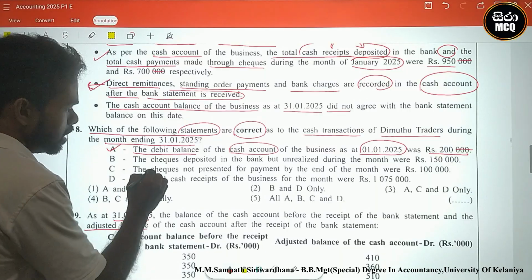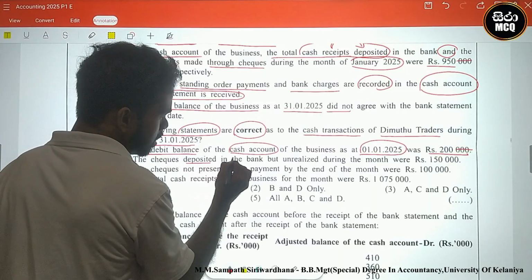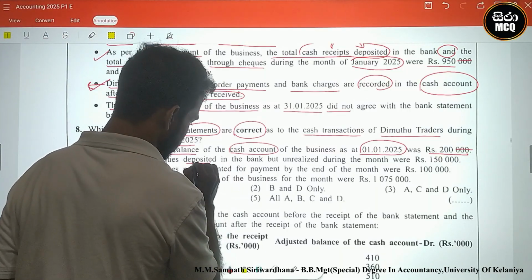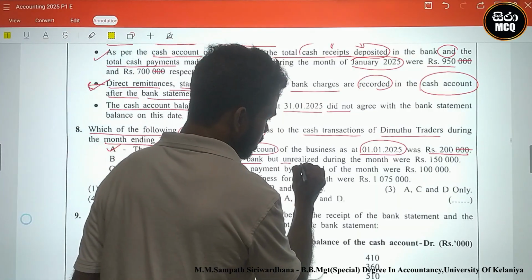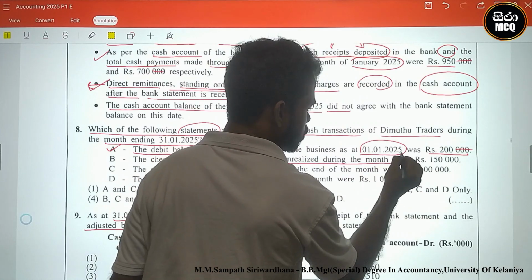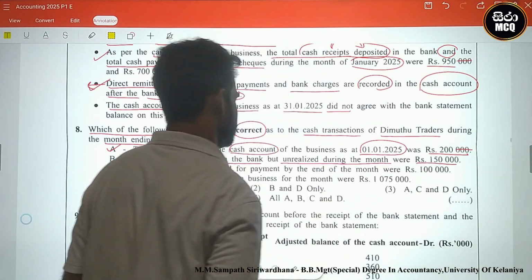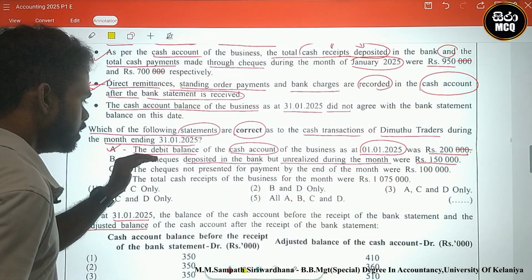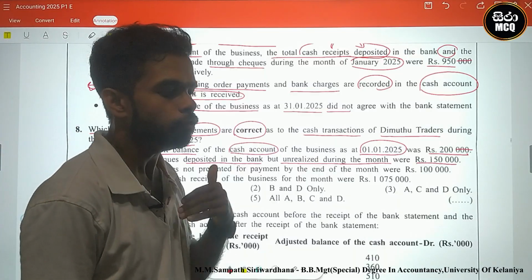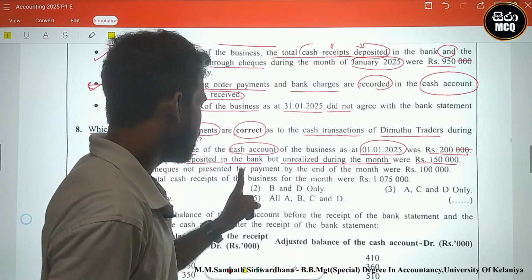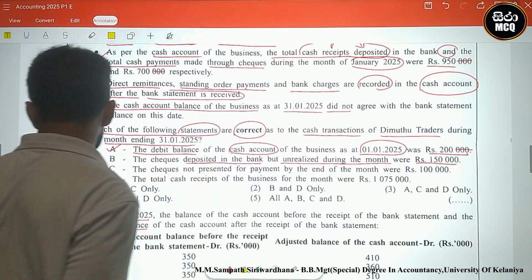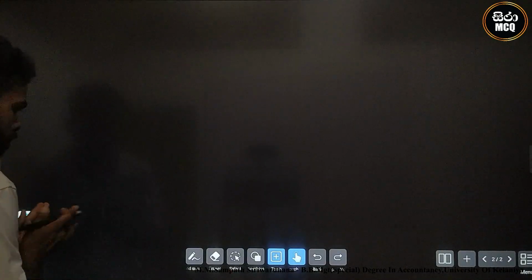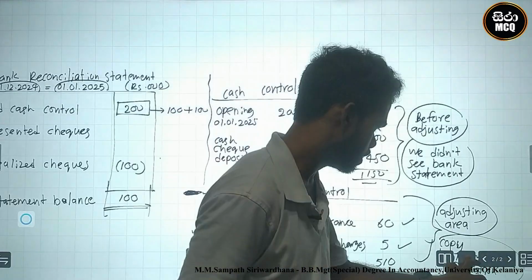Look here. The checks deposited in the bank but unrealized during the month were 150. What is the meaning? The checks we deposited, unrealized during the month, were 150. We must prepare another schedule.